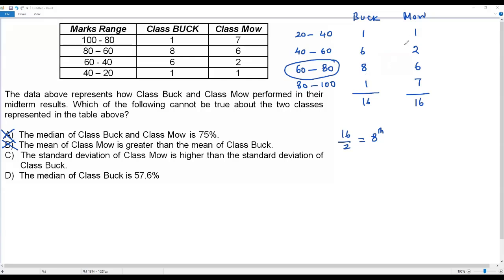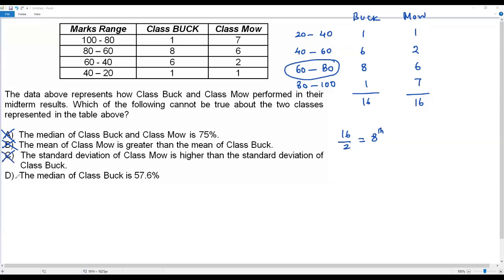But when I consider class Mow, with 16 frequencies, we have only one frequency in the class 20 to 40, then two frequencies in 40 to 60, six frequencies in 60 to 80, and seven frequencies in 80 to 100. So clearly there is more spread in class Mow. The more spread in class Mow shows that the standard deviation of class Mow is higher than the standard deviation of class Buck. So answer choice C can also probably be true.